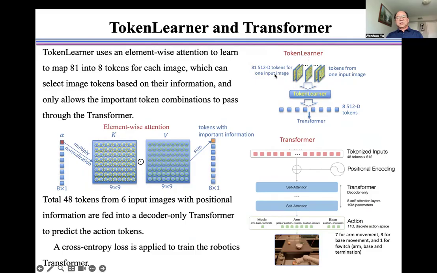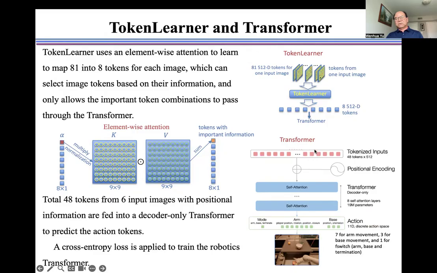It reduces 81 tokens to 8 tokens per image, which can select the image tokens based on their information and only allows the important token combinations to pass through the transformer. The total 48 tokens from 6 input images with positional information are fed into a decoder-only transformer to predict the action tokens as shown here.